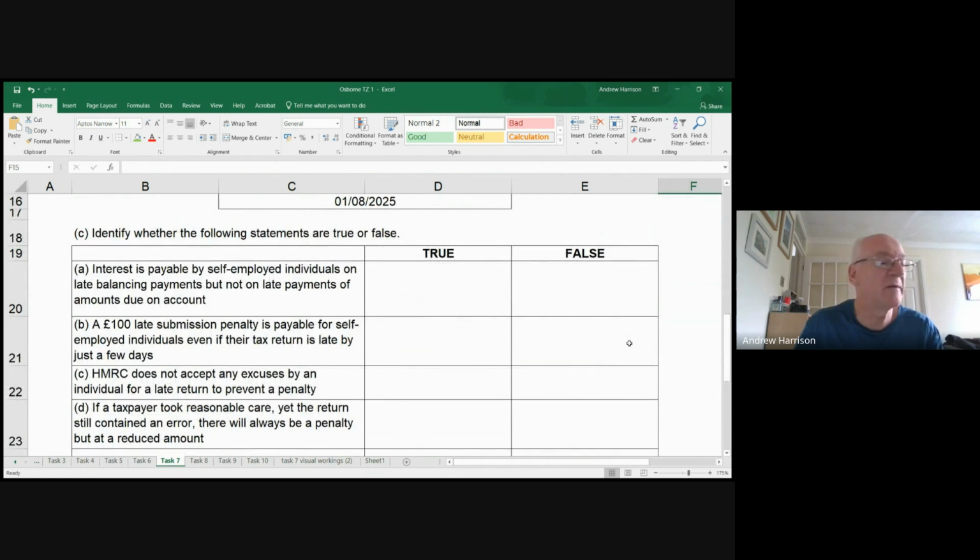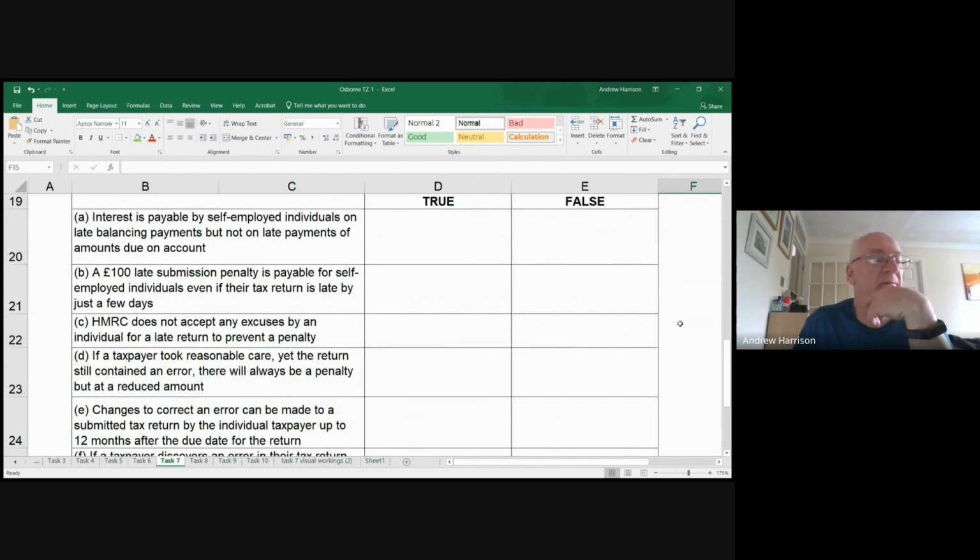So now we've got some tick box questions. We may be going to the reference materials, maybe not. Little tick boxes on these. Just checking what it's looking like on the screen. Right, so interest.